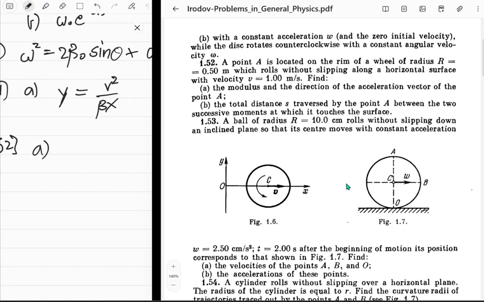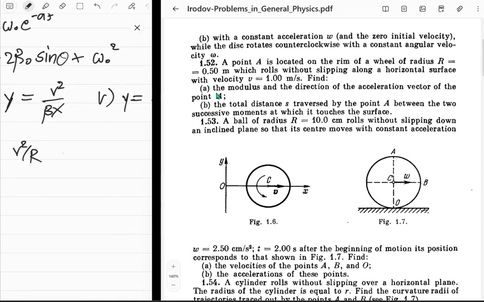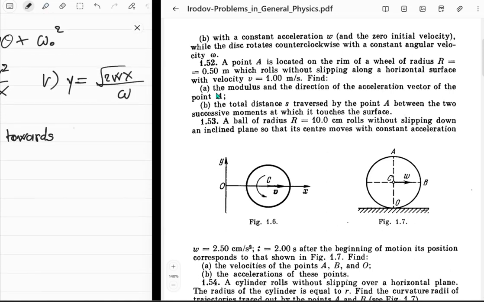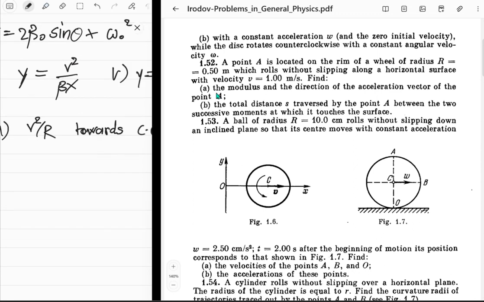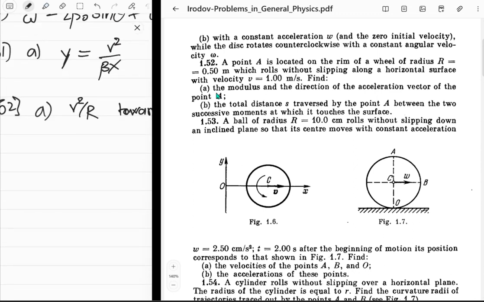Wait, this diagram is not for 1.52, is it? Fine, whatever. So it's v squared upon r and towards center of mass. That should do it. Or let's just call it center, because it's a disk, right?